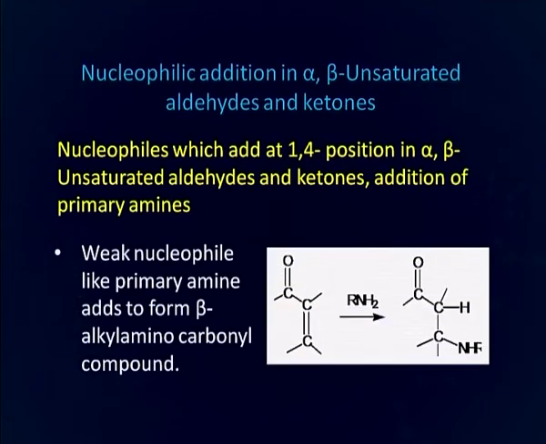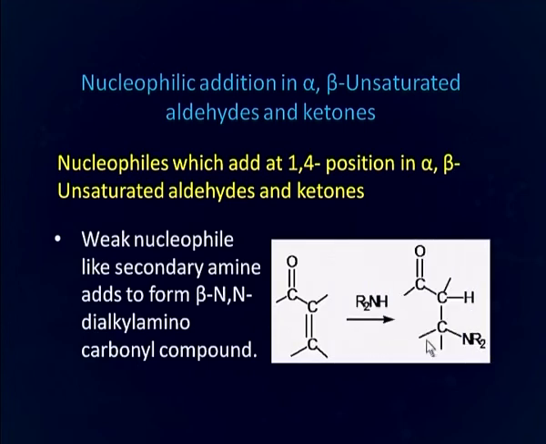When primary amine adds on to alpha beta unsaturated aldehyde or ketone, then there is formation of beta alkyl amino carbonyl compounds. In case a secondary amine is used, then also there is formation of beta N dimethyl. Beta position gets the substitution of nucleophile.